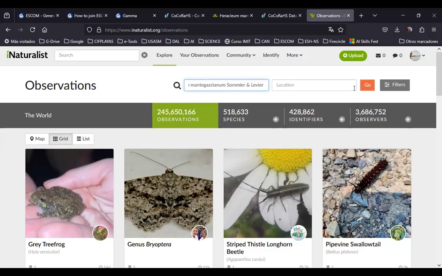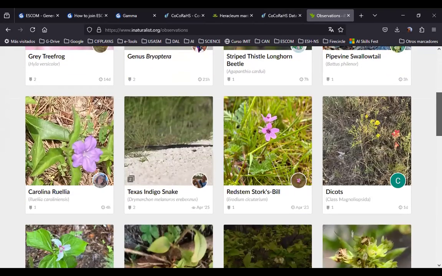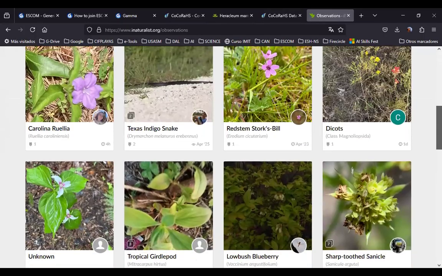When I paste the scientific name, this is something very important when we are working with plants and animals: it's better to call them by their scientific name, because common names change from one place to another and from one language to another, of course.